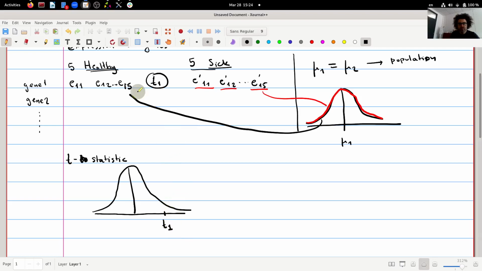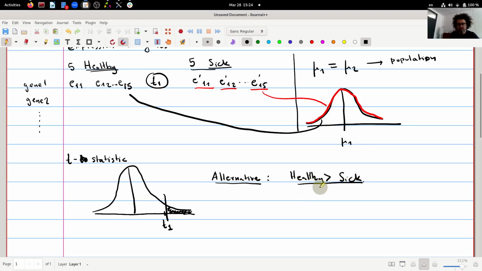The p-value associated with this first gene is this area here, if the alternative hypothesis is that healthy people have greater expression value than sick people.